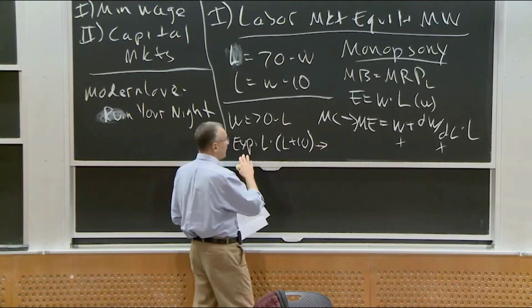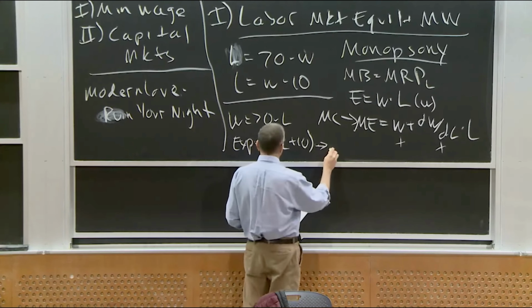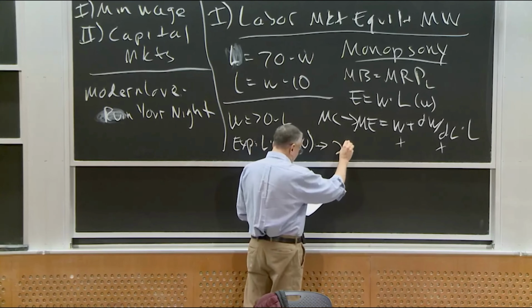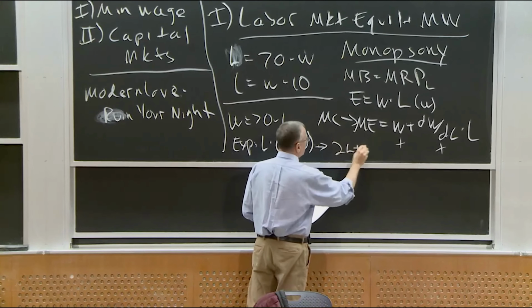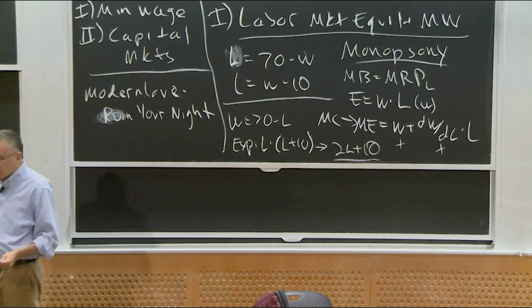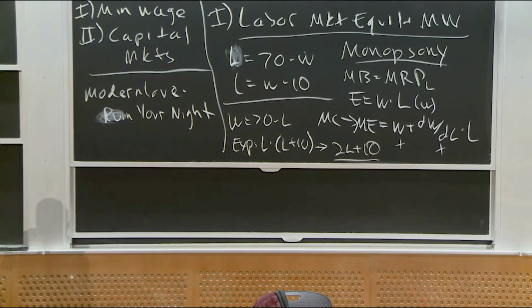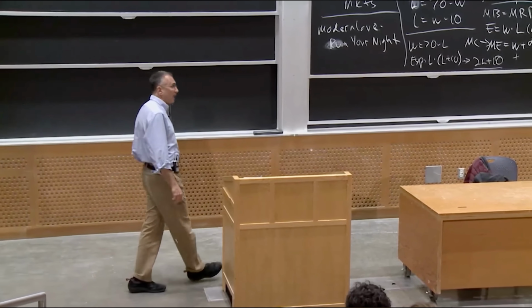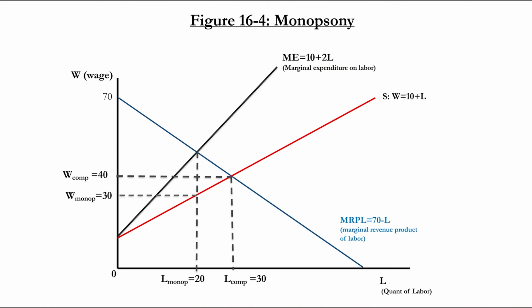If you differentiate with respect to L, you get 2L plus 10. And that is the firm's marginal expenditure curve, which is above the supply curve, as you see in figure 16.4.